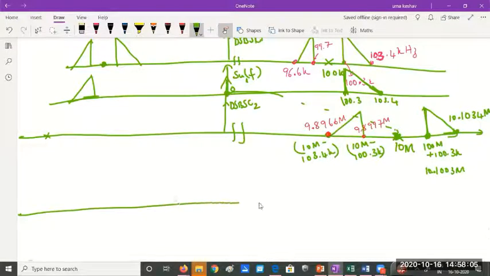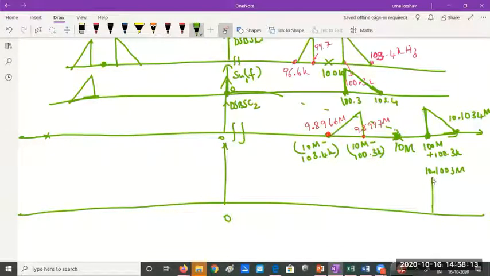Now we'll come to the last waveform, that is stage 2 SSB-SC. Let's retain the upper sideband, so this remains, and here also if you want you could have drawn the two-sided spectrum, and here the upper sideband remains. And this is 10 meg.